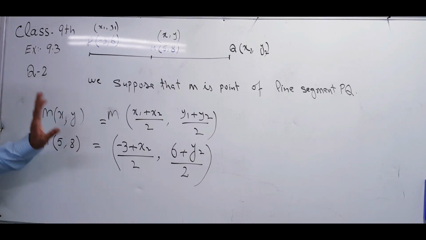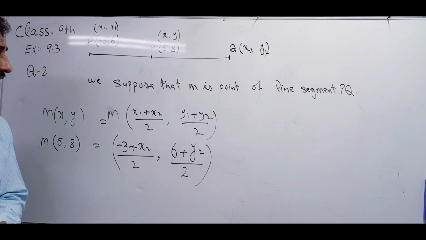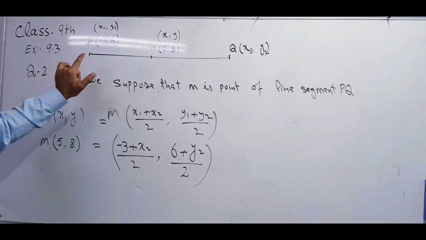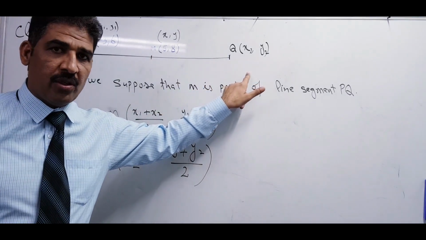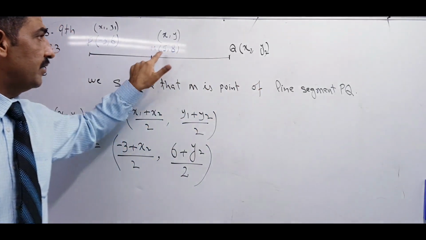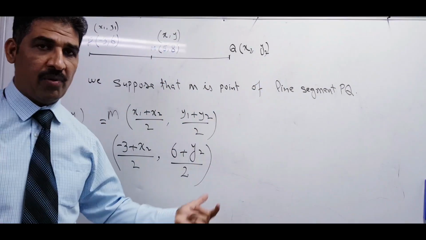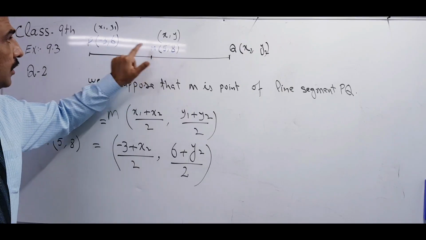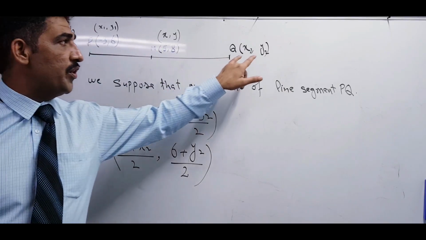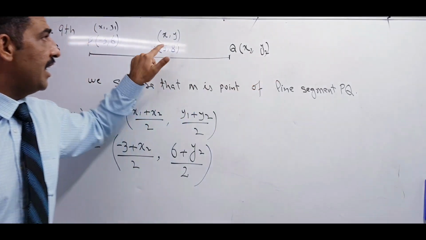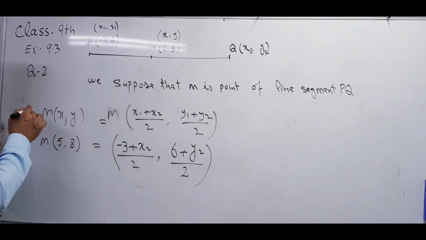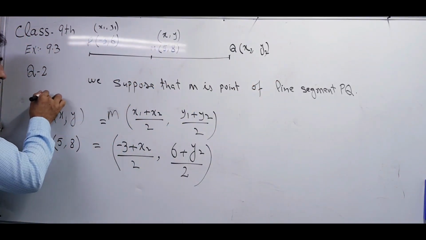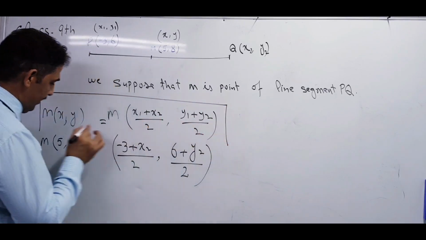Is everyone clear? I will repeat the steps I did. According to the statement, P and Q are the endpoints of the line segment, and this point 5 and 8 is the midpoint. So first of all, I assume the name of the midpoint is M, P is given, and Q we assume is x2, y2, and here x, y, because according to the midpoint formula I explained.